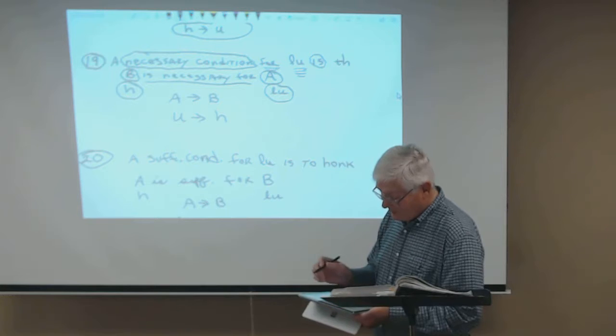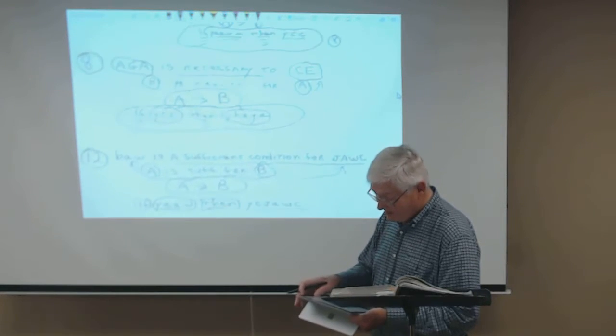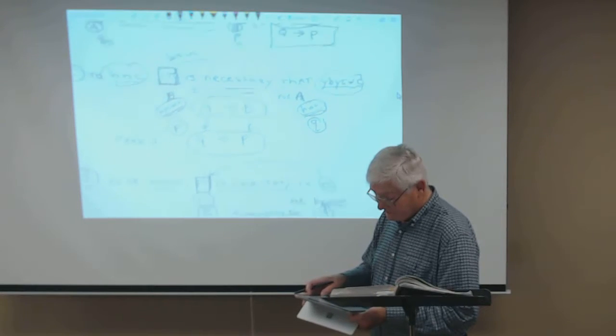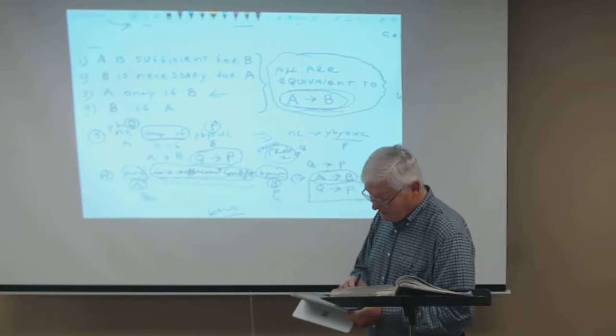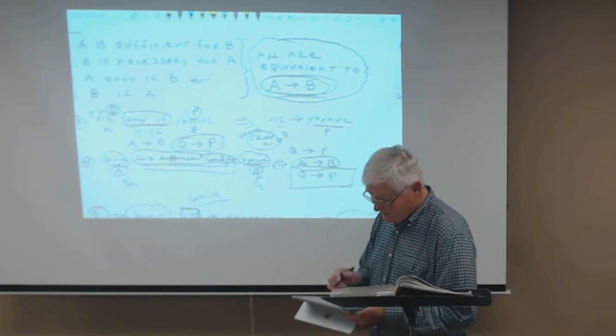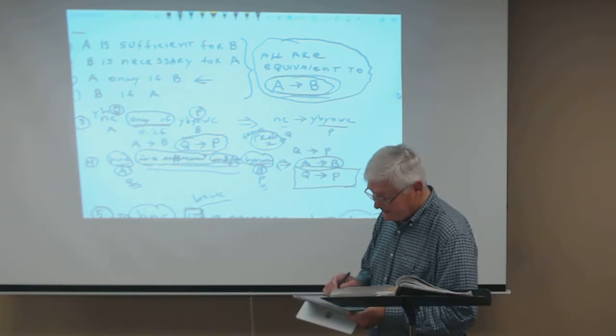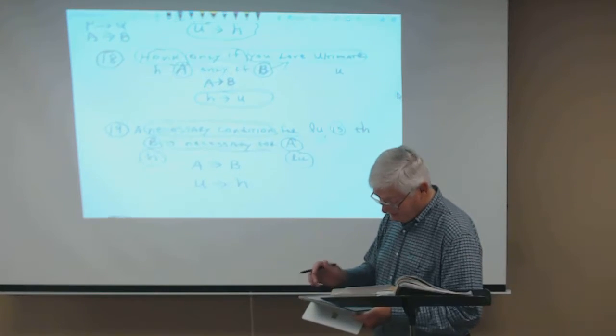And now I go back to my chart and say, B is necessary for A is equivalent to if A then B. So I come back down here to 19.